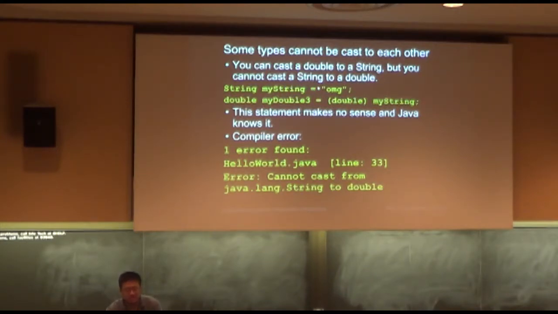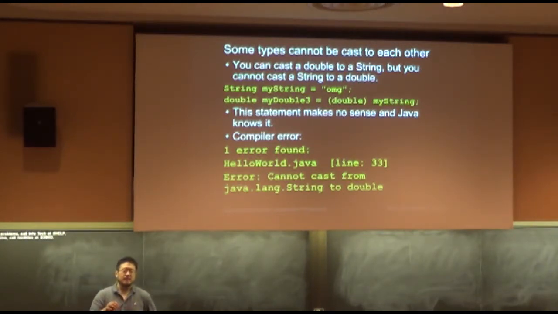If string myString was equal to quote 2.5, I still couldn't give it this explicit cast to say convert that string into a double and store it into this double. That's counterintuitive because it seems like, oh well, computers should be able to figure out what number that is. Absolutely. But you don't do it this way.